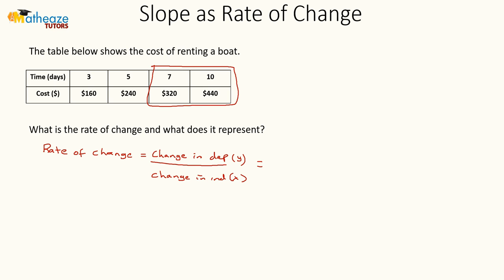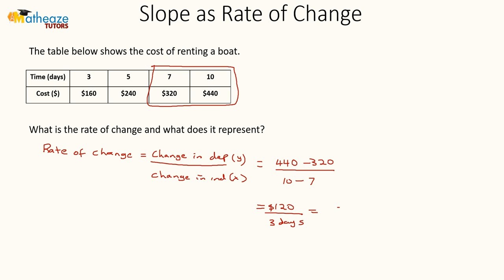So we have 440 minus 320 divided by 10 minus 7. So this is going to give us $120 and then 3 days.